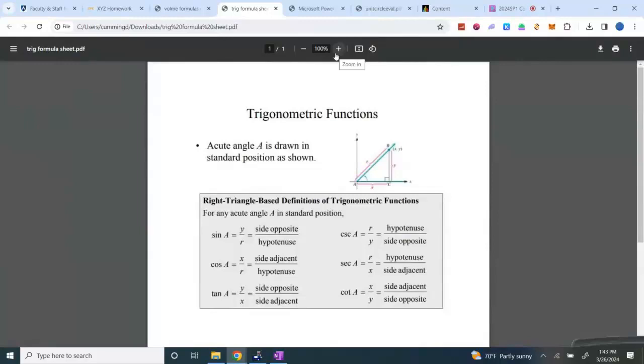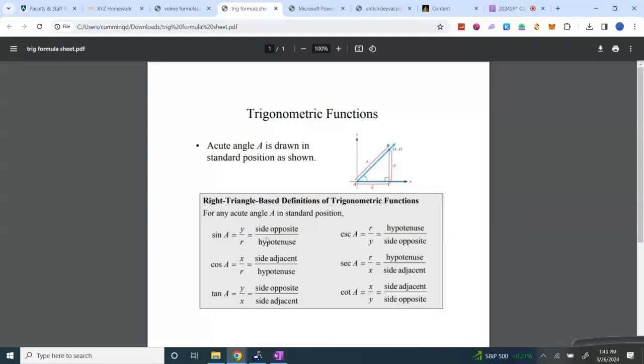There are 6 trig functions: sine, cosine, tangent, and then there are the reciprocals. Cosecant is the reciprocal of sine. Secant is the reciprocal of cosine. And cotangent is the reciprocal of tangent.